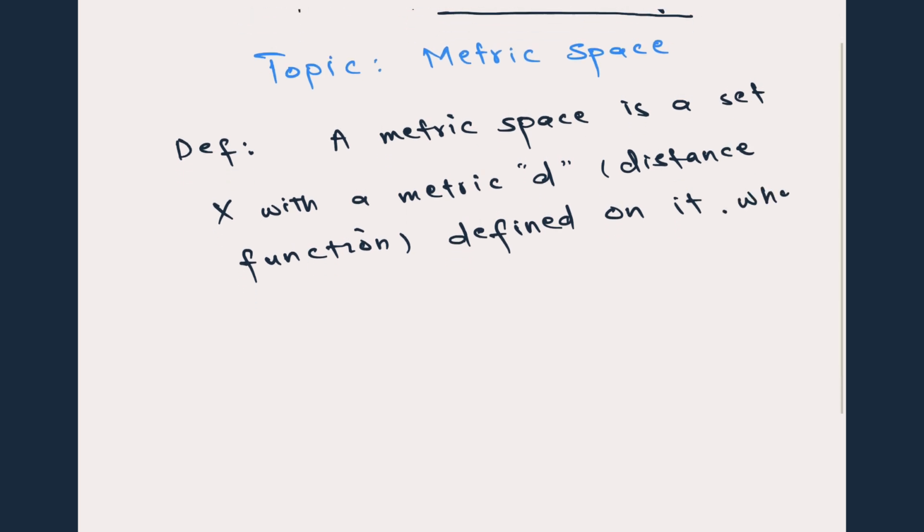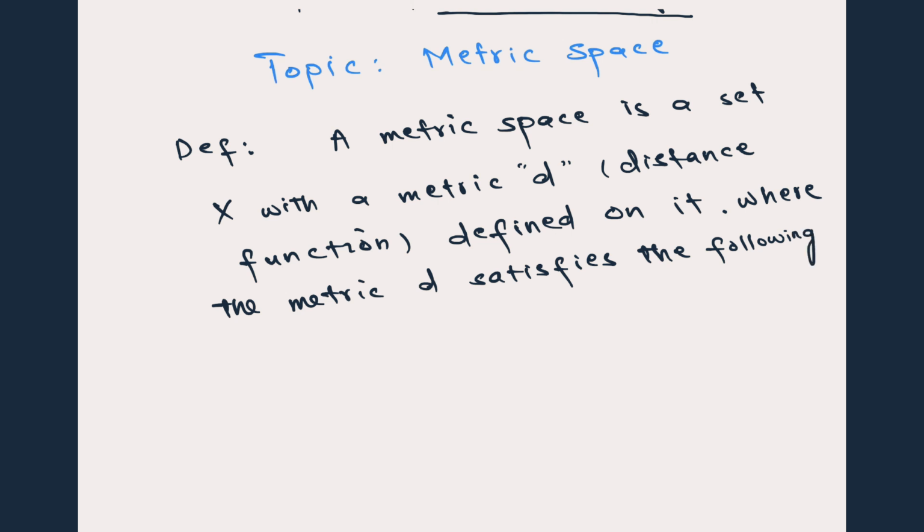Where the metric D satisfies the following. So, these are actually the axioms which need to be satisfied by the metric. The first is it is real, non-negative.